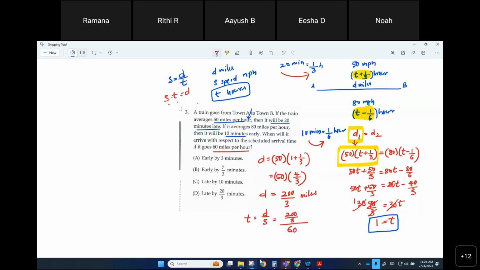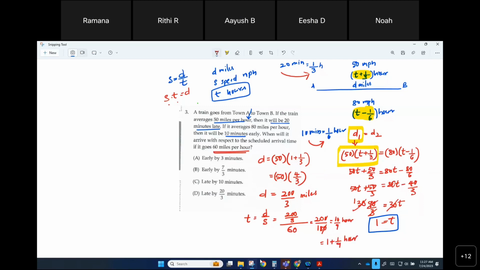Simplify that: 200 over 180, which is 10 over 9 hours. So at 60 miles per hour it will take 10 over 9 hours, which is 1 and 1/9 hour.